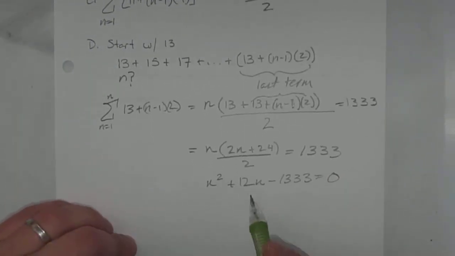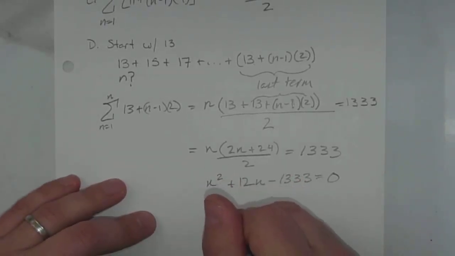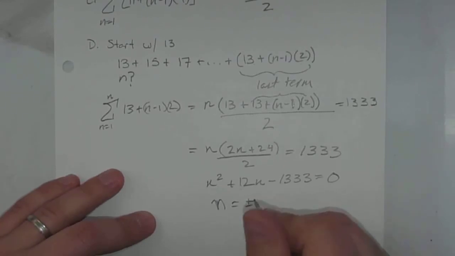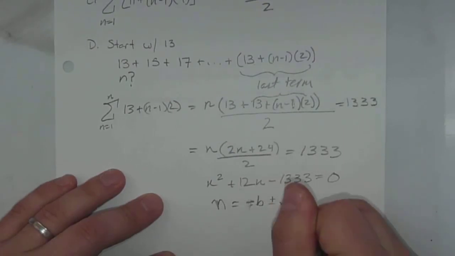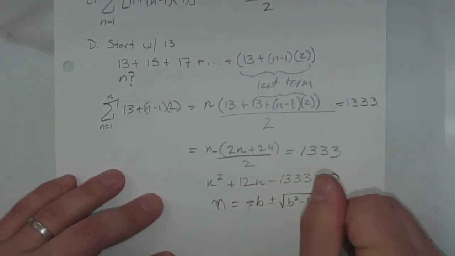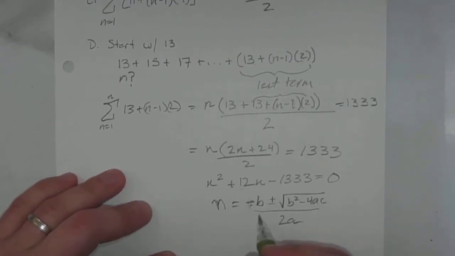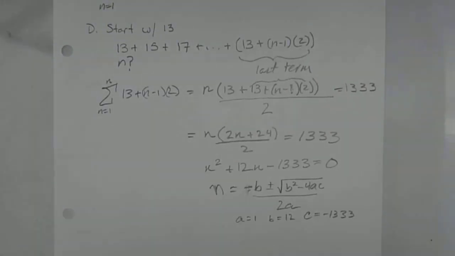So my task would be to factor this, or I can use the quadratic formula. n in this case would equal the opposite of b, plus or minus the square root of b squared minus 4ac, all over 2a. And so your a is 1 in this case, your b is 12, and your c is negative 1,333. But I'm going to use the graphing calculator to do this.